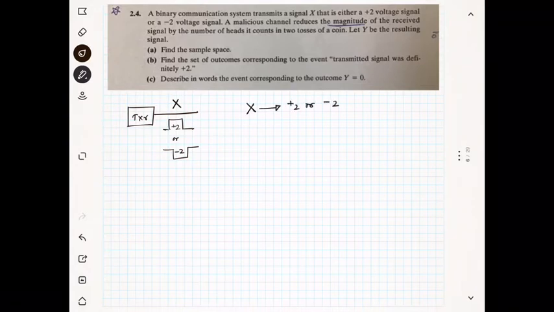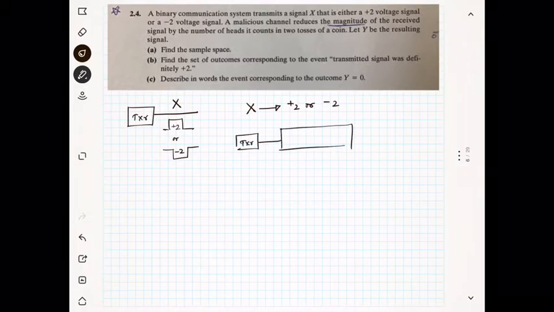The signal is transmitted by the transmitter through a malicious channel. For example, in wireless communication the channel is the free space, or it can be a wire or anything; that is not mentioned actually.